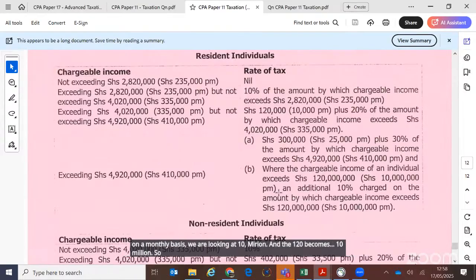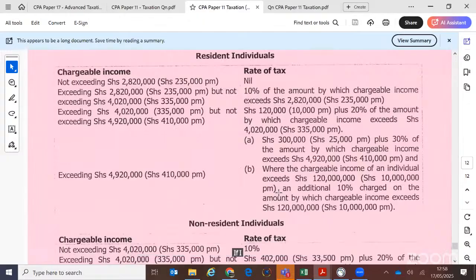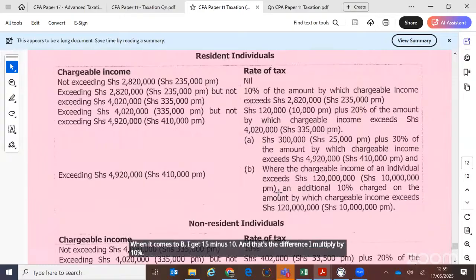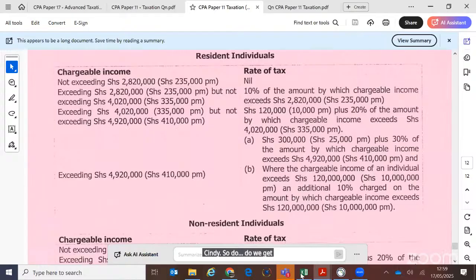So if I am looking at, for example, one who is earning 15 million, if I am applying A, it would be 25,000 plus 30% times the 15 million minus 410,000. I first get my A. When it comes to B, I get 15 minus 10, and that difference I multiply by 10%. So do we get this, or am I still wrong?